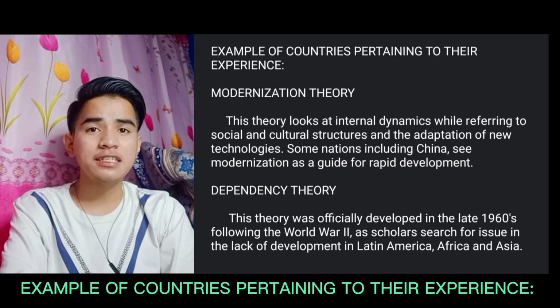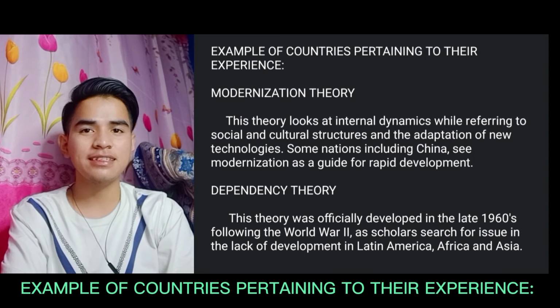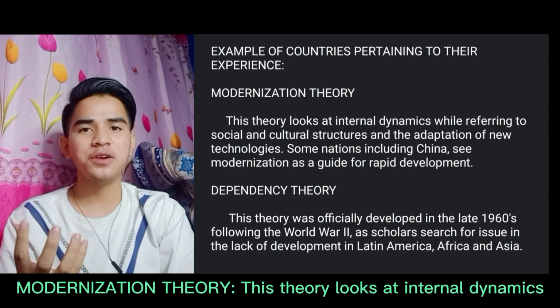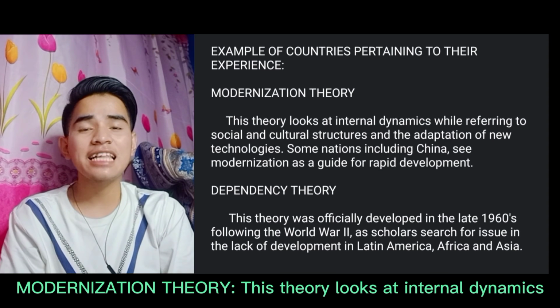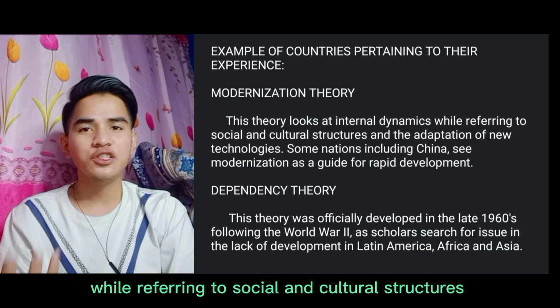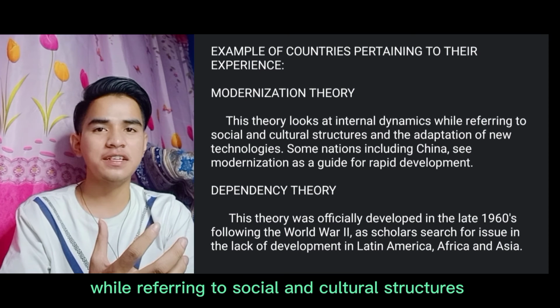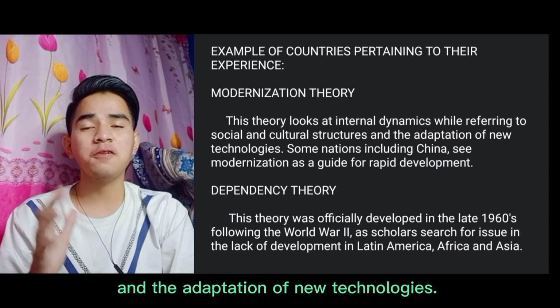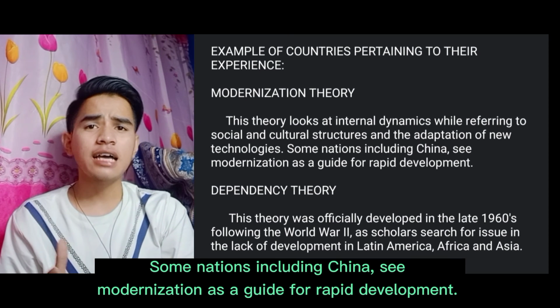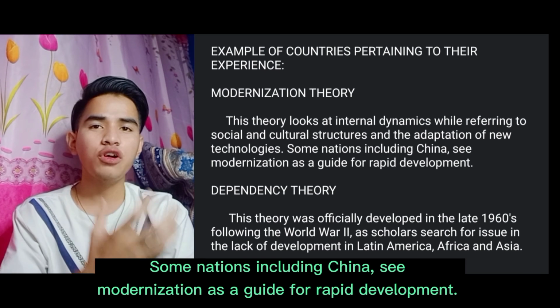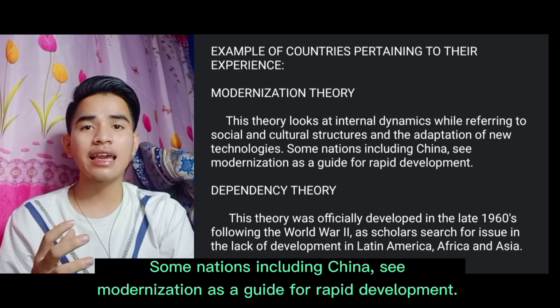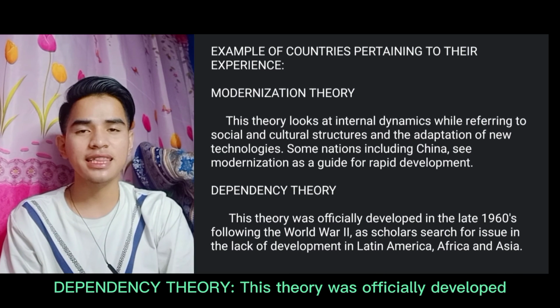Examples of countries pertaining to their experience. Modernization theory: this theory looks at internal dynamics, referring to social and cultural structures and the adaptation of new technologies. Some nations, including China, see modernization as a guide to rapid development.